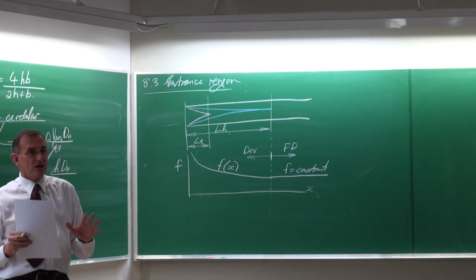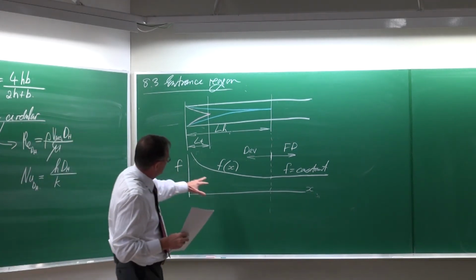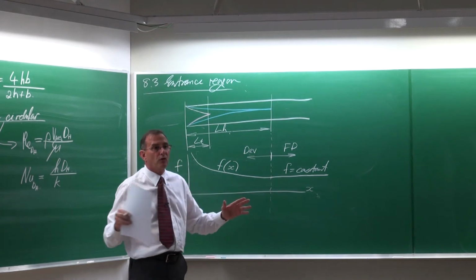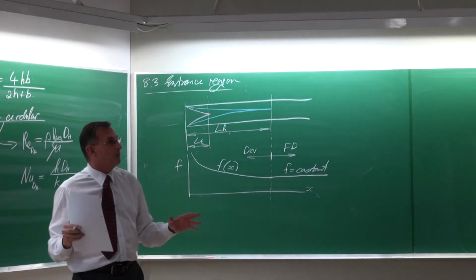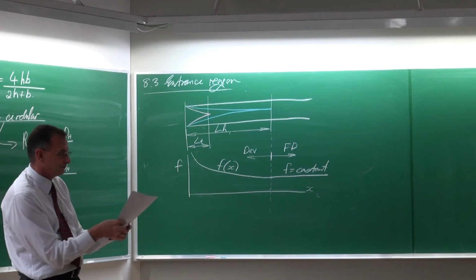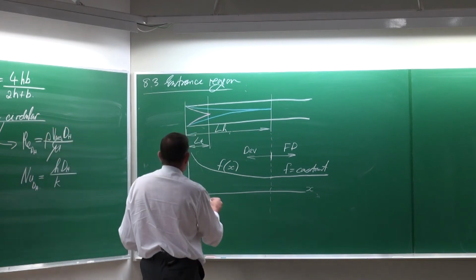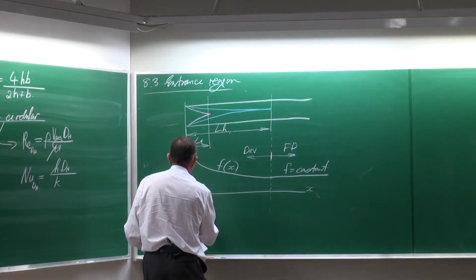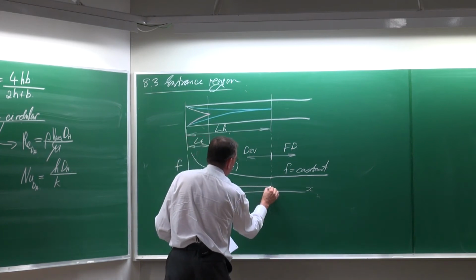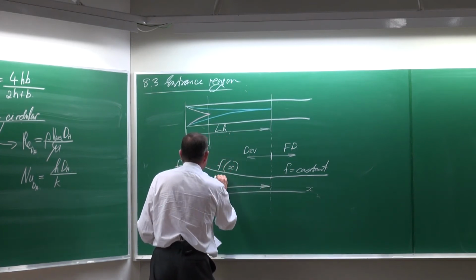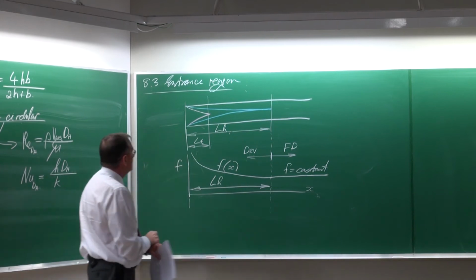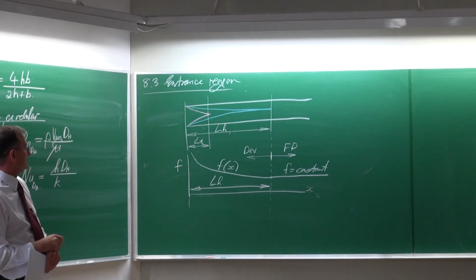Which means that in some cases, if you do not take this into consideration, the pressure drop of your duct or tube can be much higher than expected. So this distance there is equal to LH. That separates the developing part from the fully developed part.